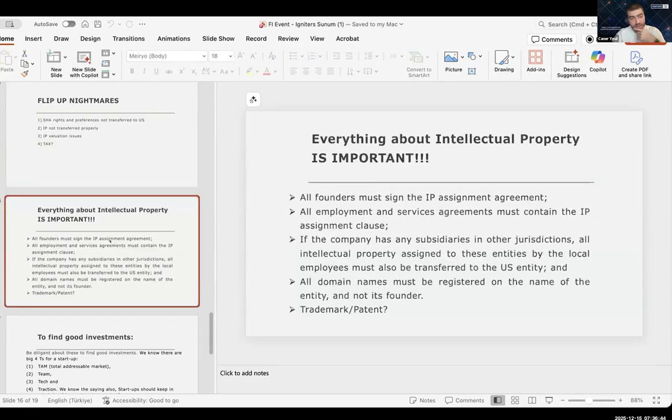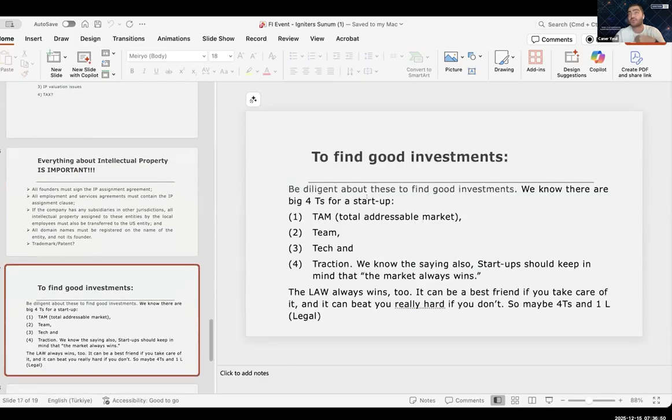And at the end of this brief presentation, we can maybe talk about IP a little bit more. It is the most important thing because as a startup, you don't own land or a building. Your most important asset is your IP in most scenarios, if you don't have a production line or whatever. When we say IP, most founders think it's a trademark or a patent, but who owns a patent?